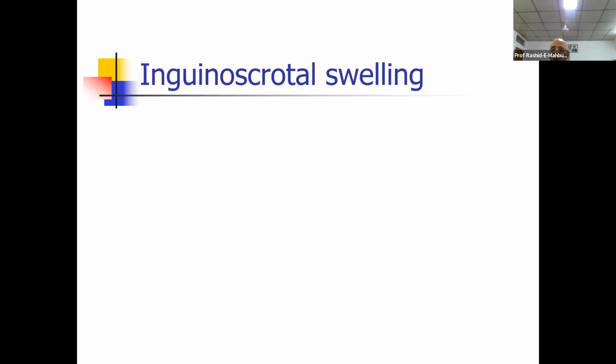So those who have weak muscles, or those who are weightlifters, can have these sorts of things, where the intestine comes out of the abdomen through the posterior wall, bulging in the posterior wall, because this is one of the deficit or weak sides of the inguinal region.